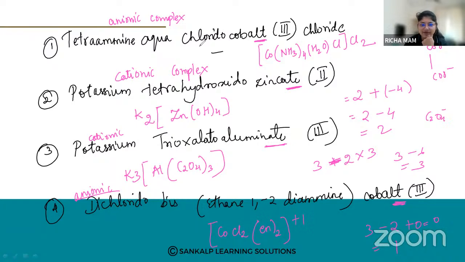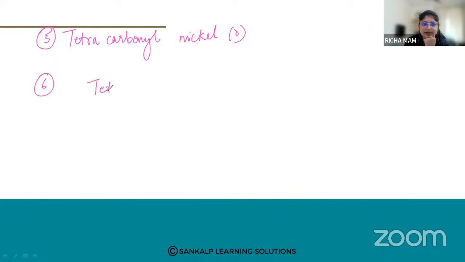Okay, so we have seen 4. Let us see some more complexes. Fifth one, tetracarbonylnickel(0). Then sixth one, tetraamminediaquacobalt(III) chloride.